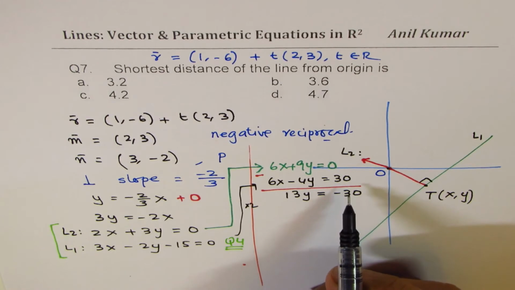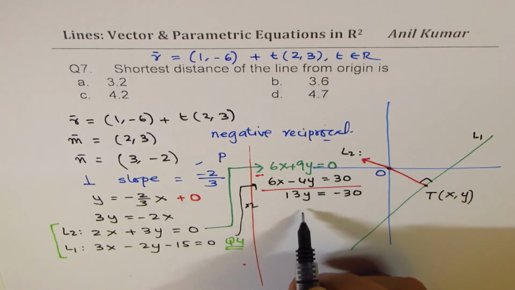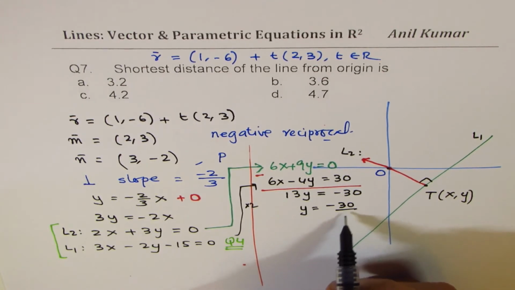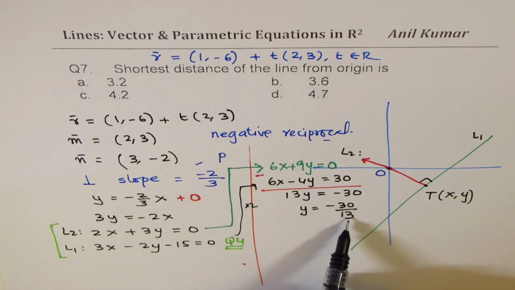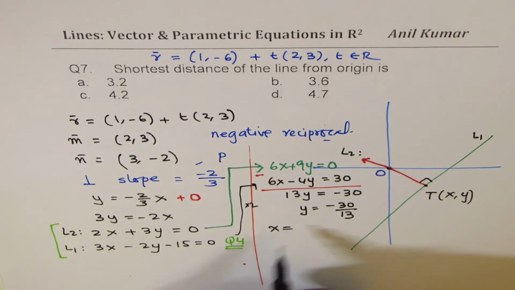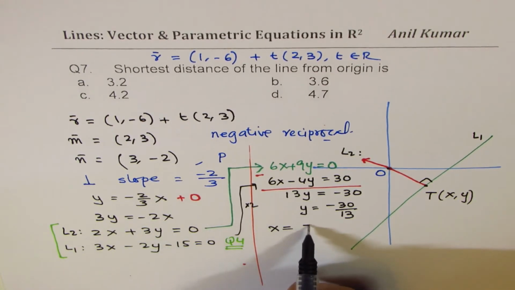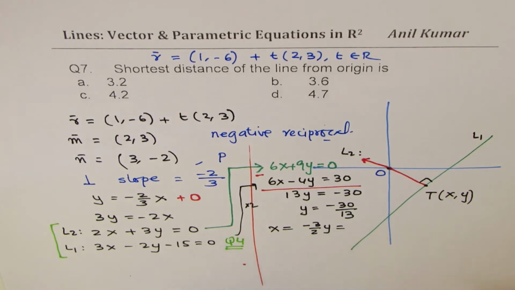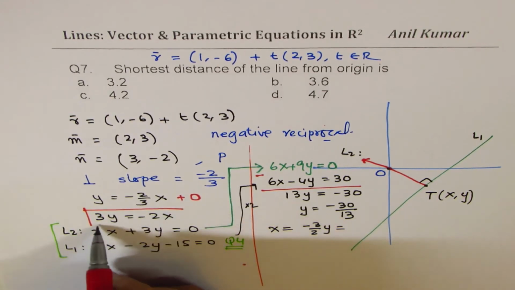Good. Which gives you the y value as minus 30 over 13. Now what is x equal to? From here we can write x is equal to minus 3 over 2 y, using the x value from this equation.